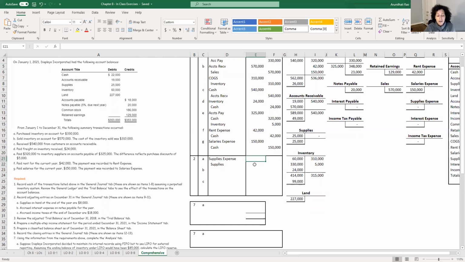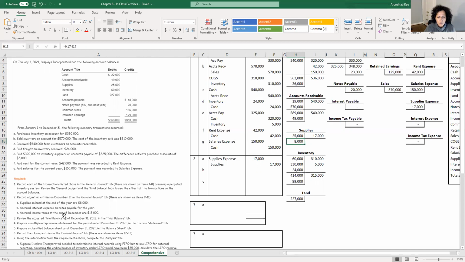So this is going to be the 25,000 that I had minus the 8,000 that I want at the end of the period. And that's going to be 17,000 as supplies expense. So here if you see your supplies account, you had 25,000. When you credit supplies 17,000, you have the desired $8,000 balance.